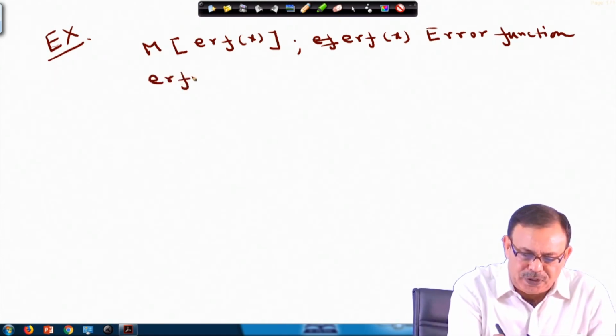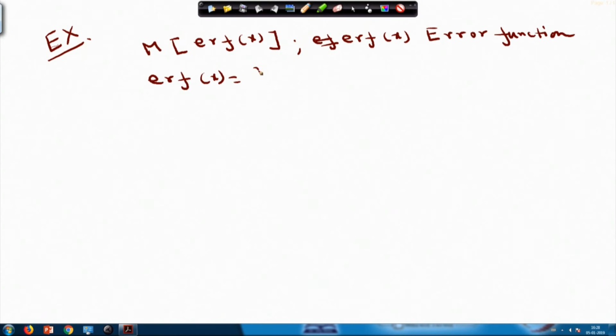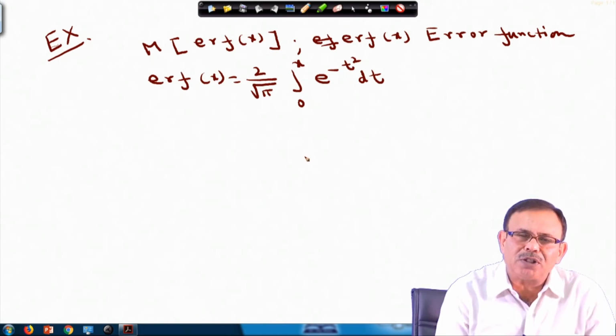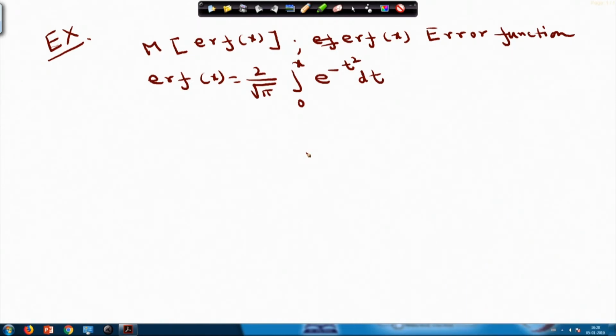This erf(x) is defined as 2 by root over pi, integral 0 to x of e power minus t square dt. The error function and complementary error function we defined earlier whenever we did the Laplace transform and the Fourier transform. So, now we want to find out the Mellin transform of erf(x). So, we start from this.